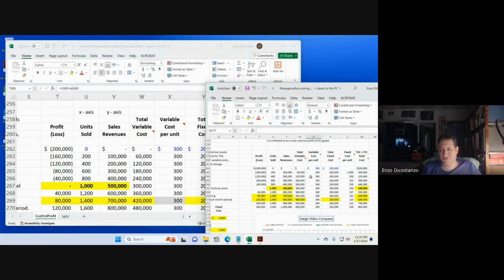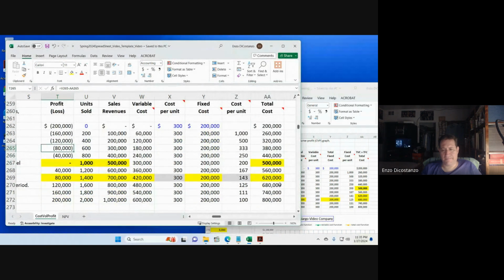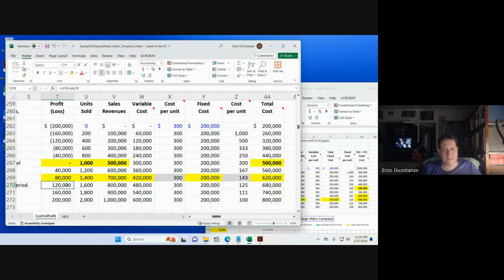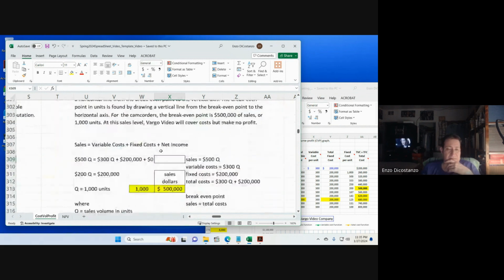You're at 700 there. And we're at another point of interest here with the 800, right? At the 1,600 unit point, what that looks like.